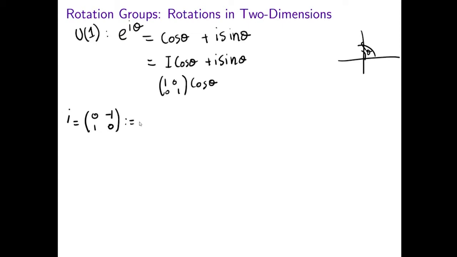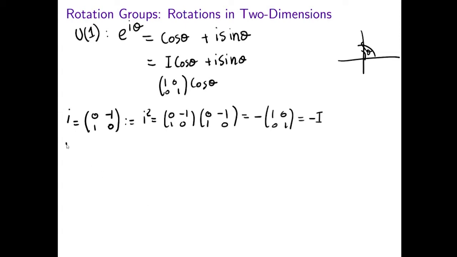The property of this is if I get i squared, which is 0, minus 1, 1, 0, I will actually just end up with minus 1, which is minus I. And this is essentially the property of i, because in normal cases we define i to be the square root of minus 1, and it's defined as i squared being minus 1.